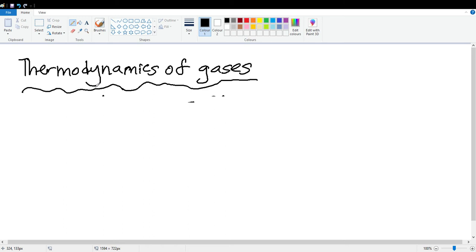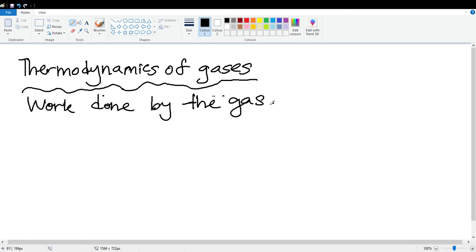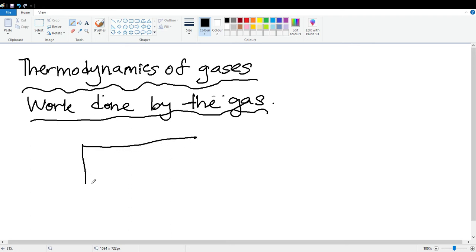As for the next part, which is the work done by the gas. Before that, let's say I have a piston here.